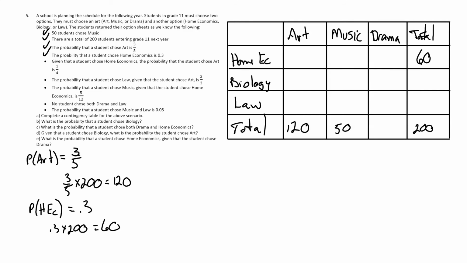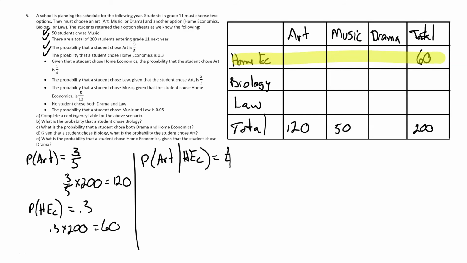Now, we're given that a student chose home economics. The probability that the student chose art is 1 out of 4. So the probability of art given home economics is 1 out of 4. As soon as we're given that it's home economics, we can now just focus on the home economics line. We're not interested in any other piece of data.